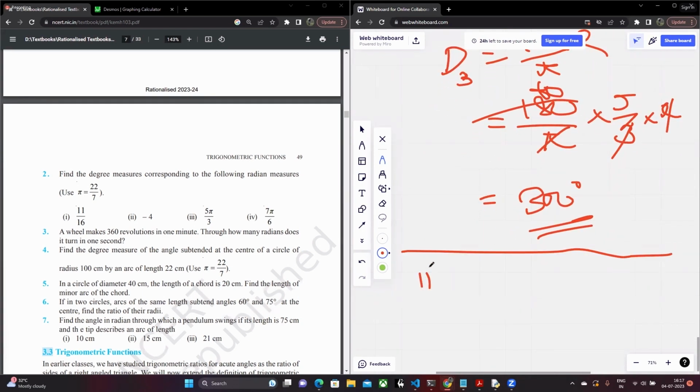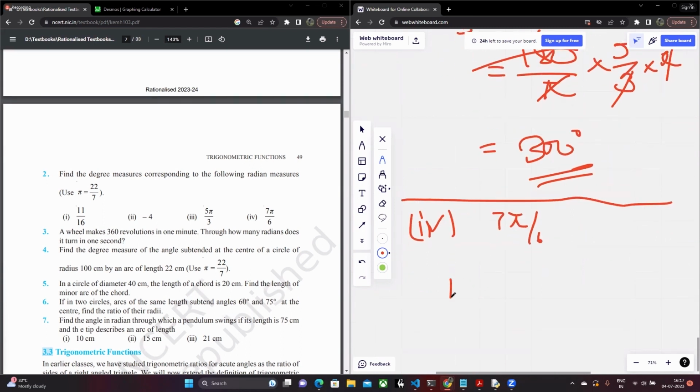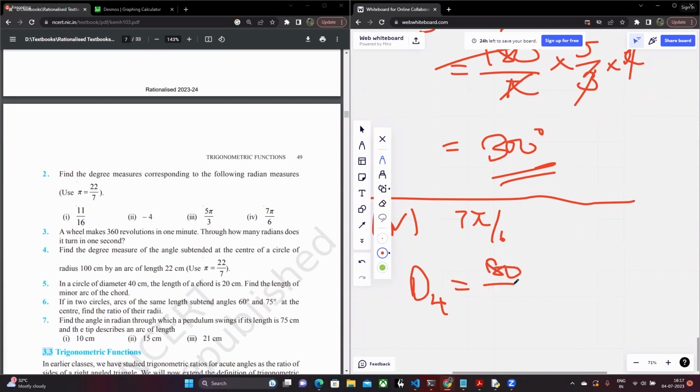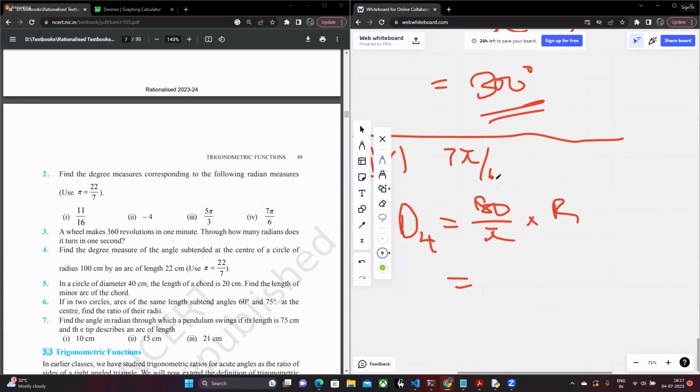Similarly for the fourth, you have 7 pi by 6. So your D4 is going to be 180 divided by pi into R. Again, since you have a pi over here, I'm keeping this in the 180 by pi format.